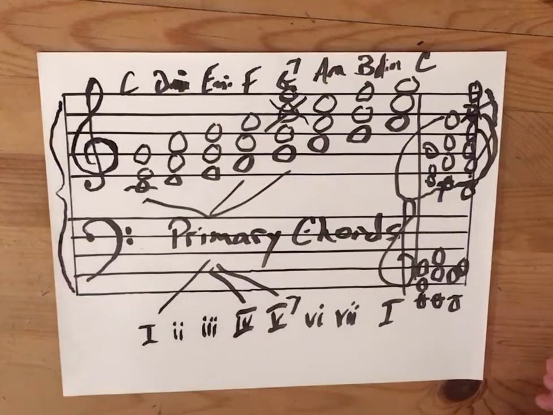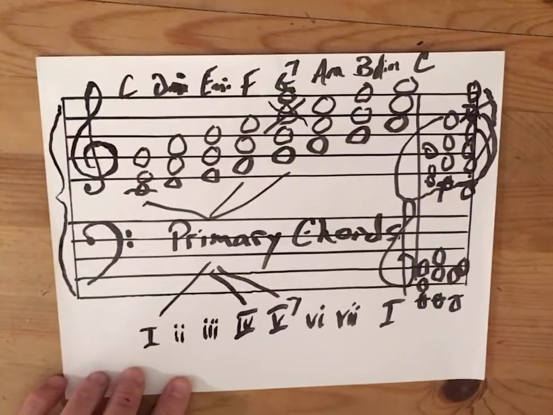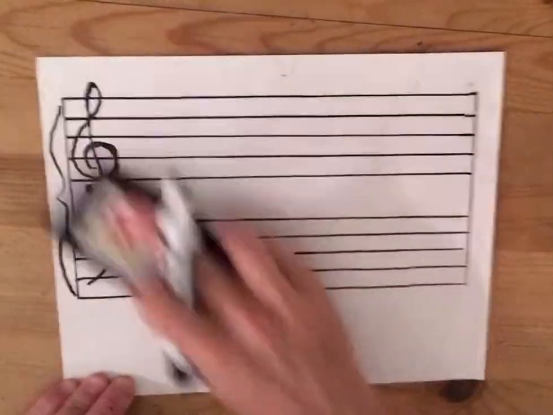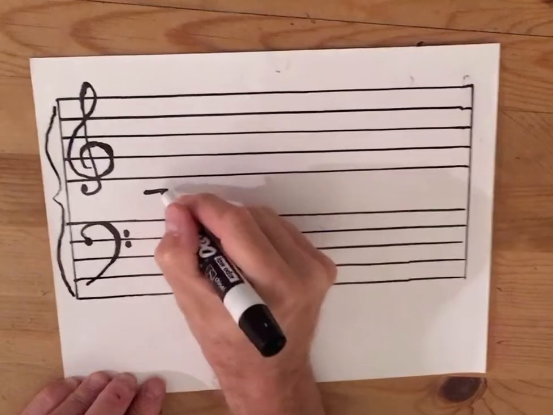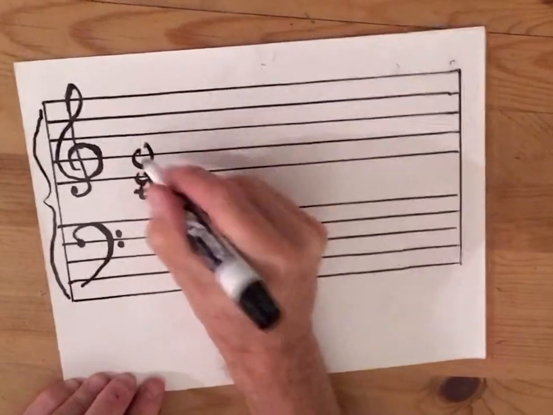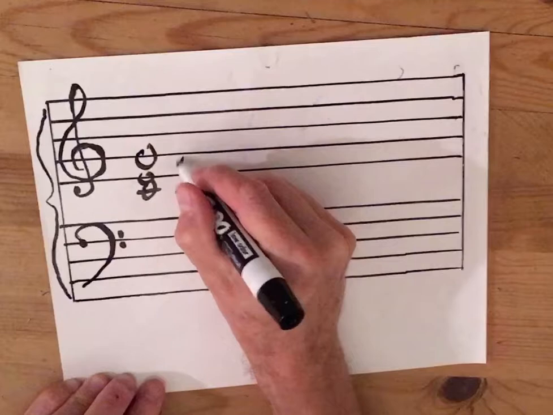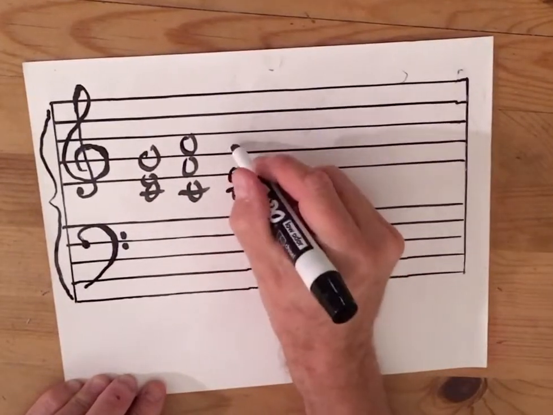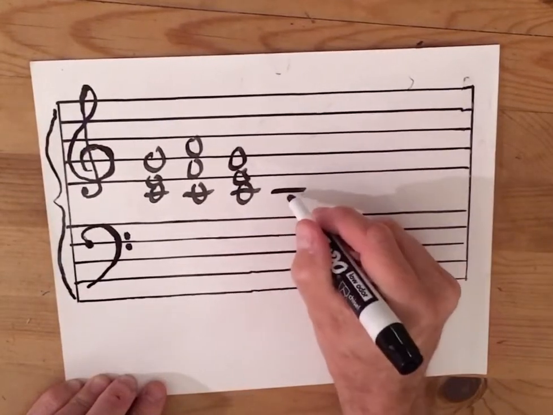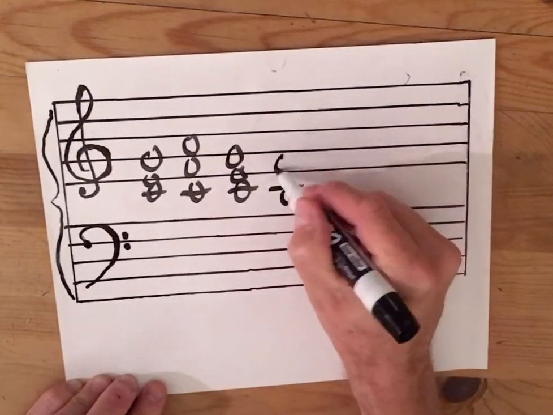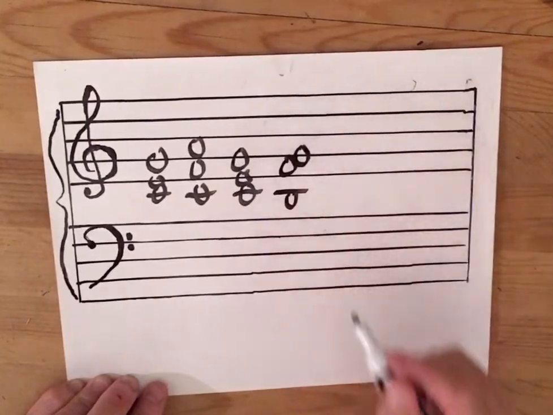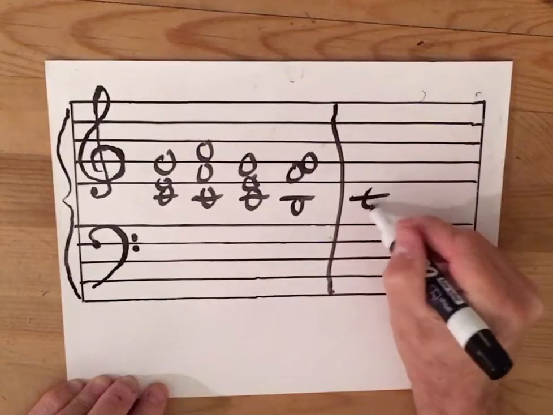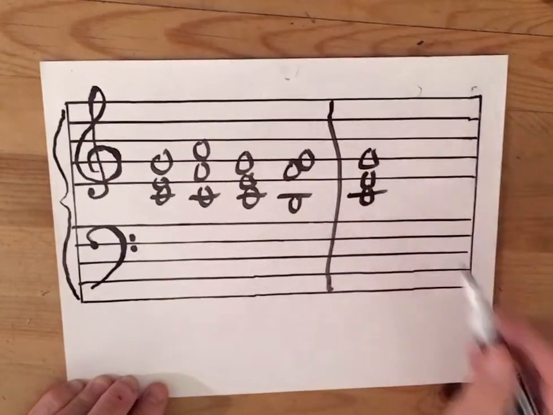Okay? So if I get rid of all this, take a snapshot of that. And if I get rid of all this and we start over, we have the 1 chord, the 4 chord, back to the 1 chord, and then to the 5-7 chord without the 5th, and then we finish with a 1 chord again.